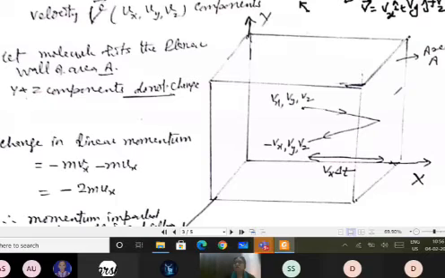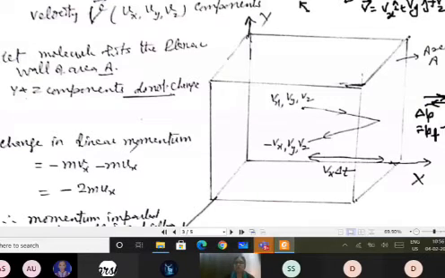If the particle is moving in this direction and coming back with the same velocity, because we have assumed elastic collisions, then delta P equals final momentum minus initial momentum, and the final momentum is along the negative direction.